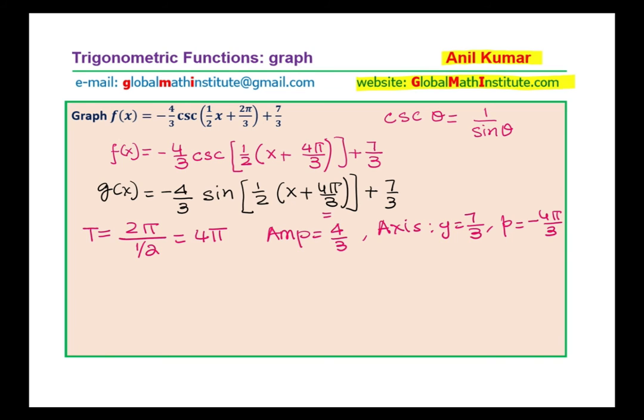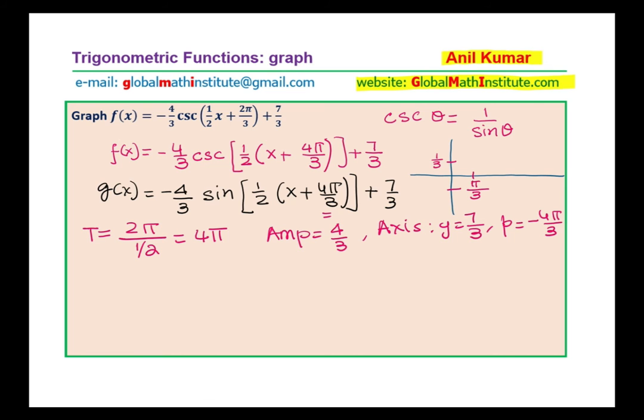Now, as you can see, in this particular case, most of the values involved, 4 by 3 is like 1/3, 4 pi by 3 means 1/3 of pi. That helps you decide what kind of scale you should be using. So let me just use a scale here. I'm not drawing the graph, but I'm just showing you the scale. The minimum deviation you should have is 1/3, and over here it should be at least pi by 3, if not pi by 6.